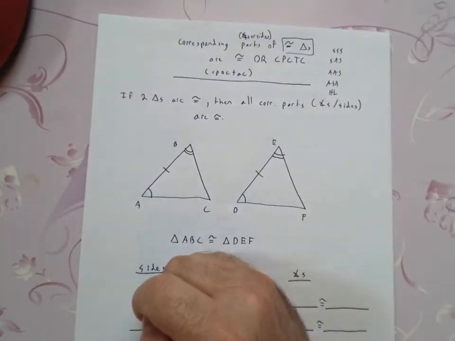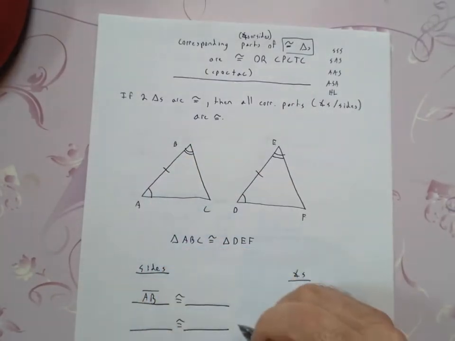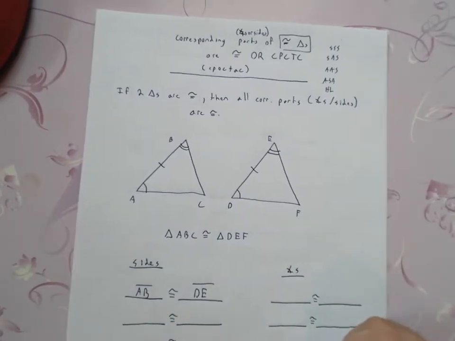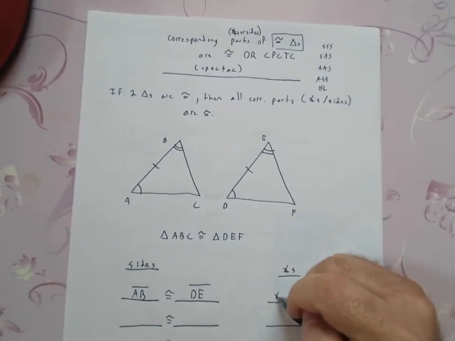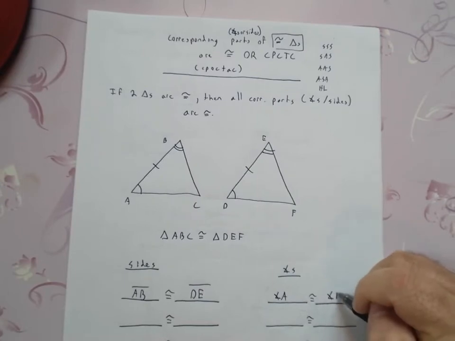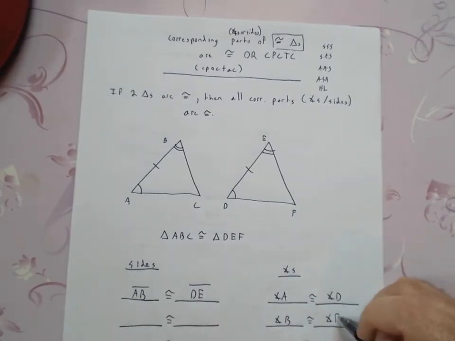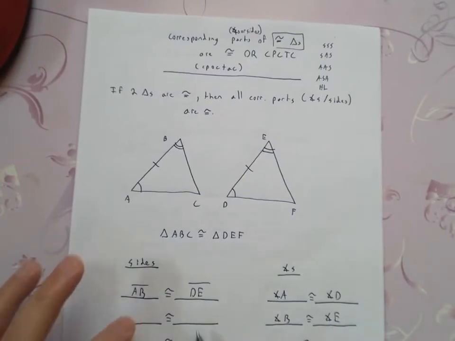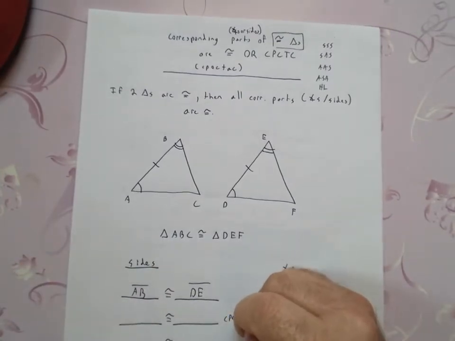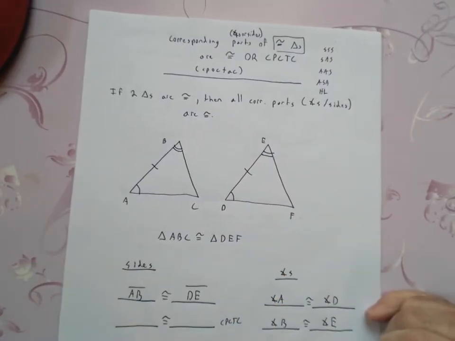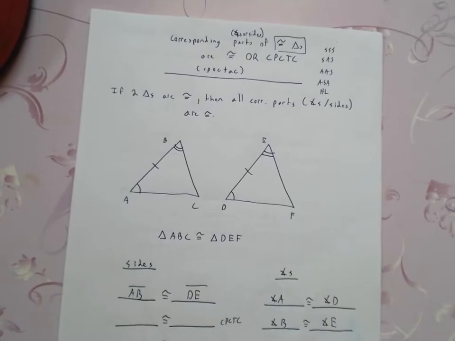So kind of marking some things, we know that segment AB, segment DE, they're congruent. I already told you that angle A is congruent to angle D, angle B is congruent to angle E. So notice everything else that we haven't named, they're all congruent because of CPCTC. Okay?